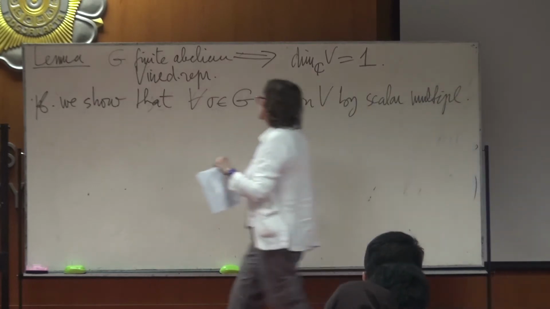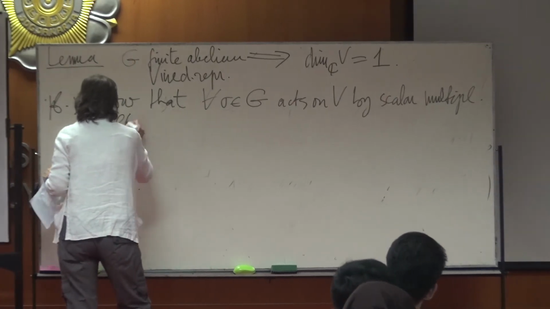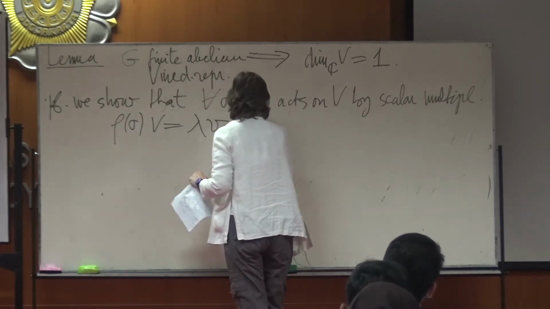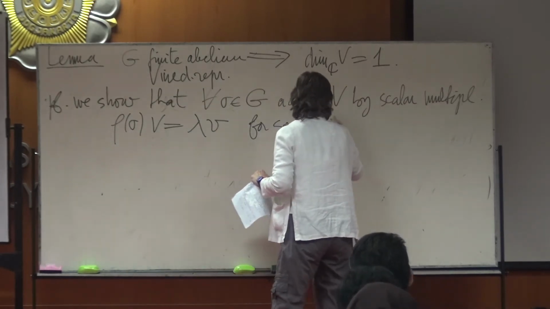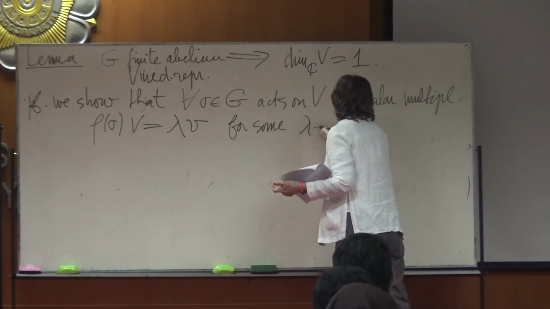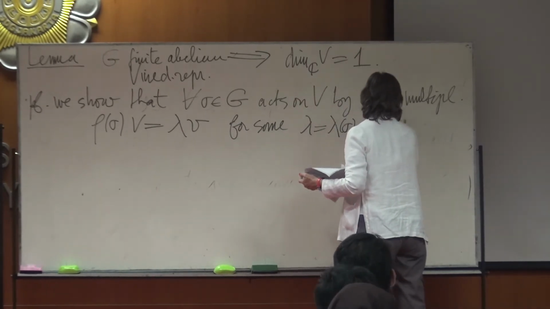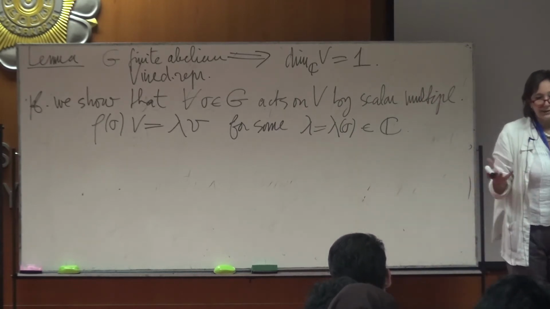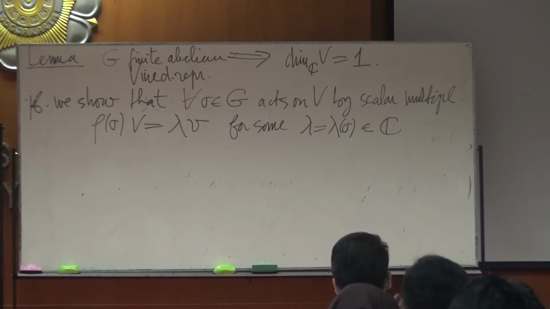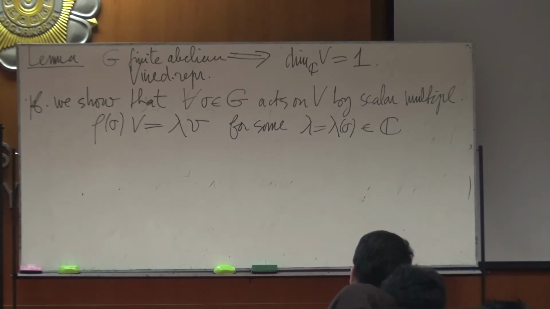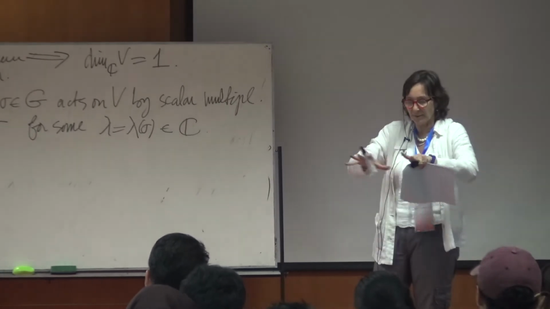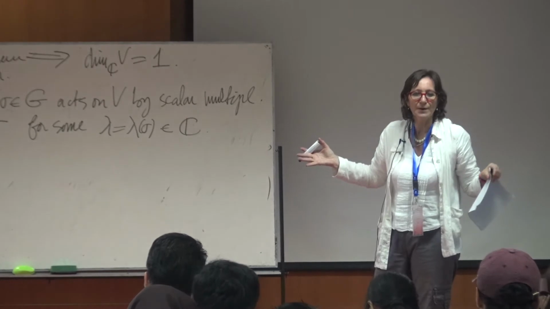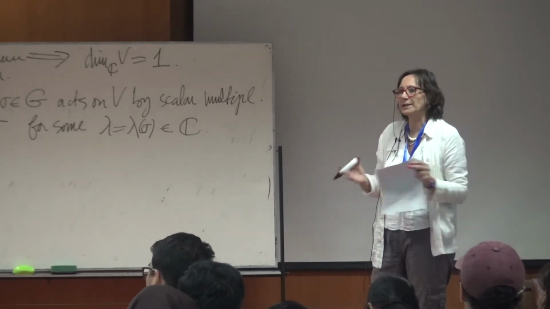What does it mean? It means that rho sigma of V is lambda V for some lambda depending on sigma. We are going to show this. If this is true, then by irreducibility, the space has to be one-dimensional, because every line is sent into itself by the elements of the group. So if you want it to be irreducible, it has to be a line.